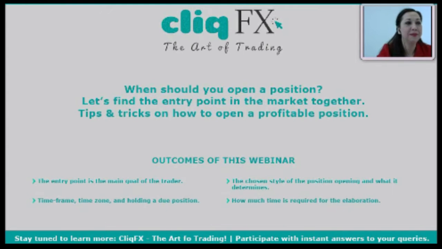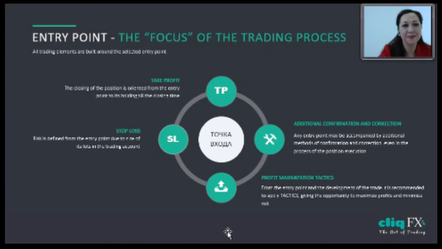So let's start. As I told you, the most important thing is the entry point. Why? Don't get me wrong, other parameters are also important, but actually they all depend on the entry point.